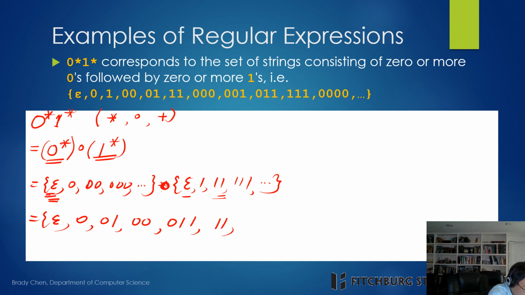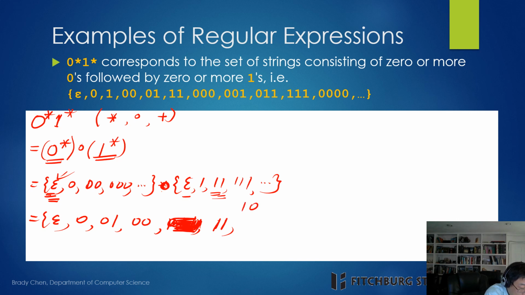If the first one is epsilon and the second is 11, that's 11, because epsilon is the empty string. Always start with strings of short length.